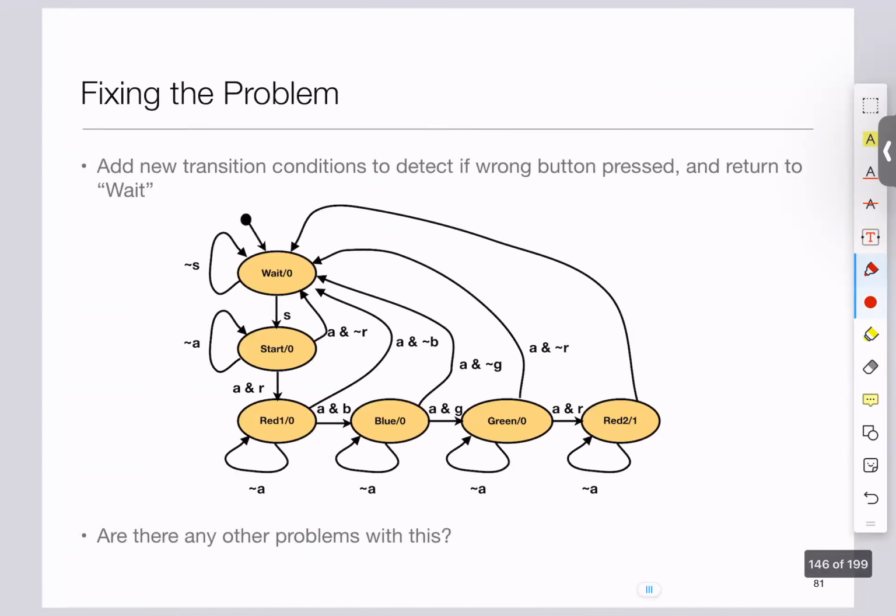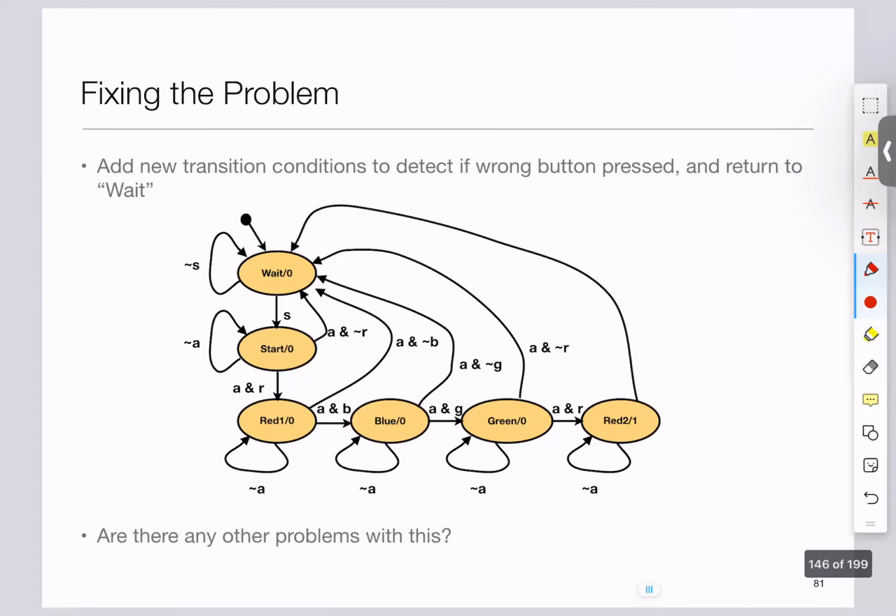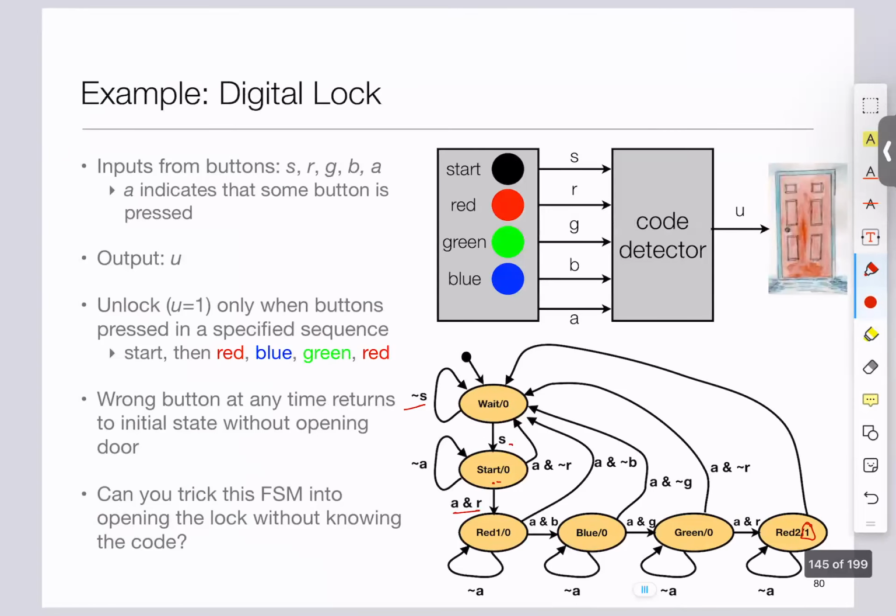So that was actually the major problem, but there are also some minor problems. Let's see, did I mess things up?